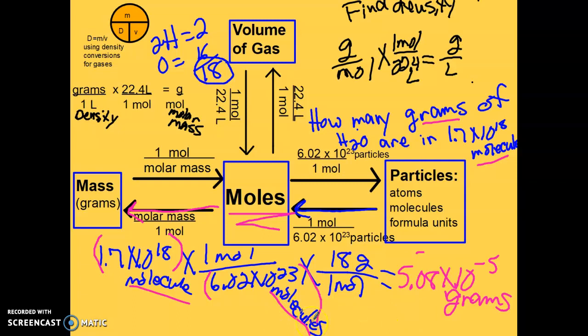And then always evaluate your answer. Does that seem reasonable? Well, based on what we know about scientific notation from several chapters ago, if it's division, we take this 18 exponent minus the 23, so the fact that I got a -5, yeah, that seems pretty reasonable, so I'm going to go with that.